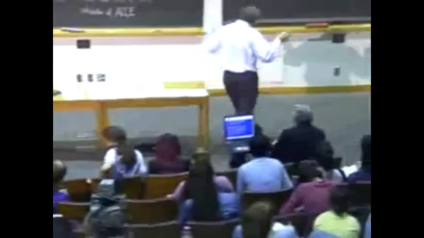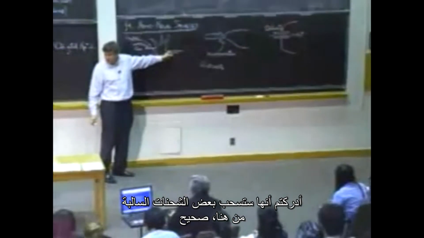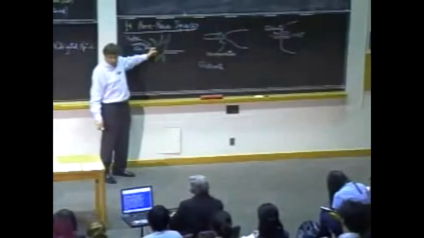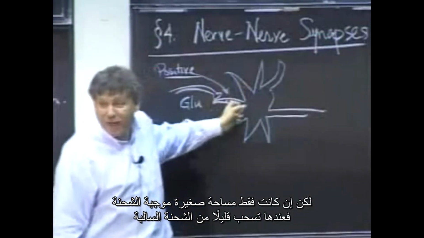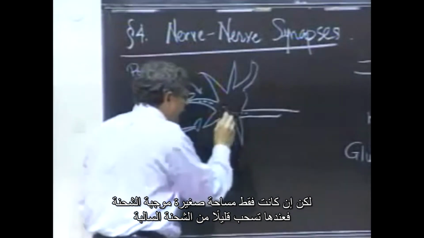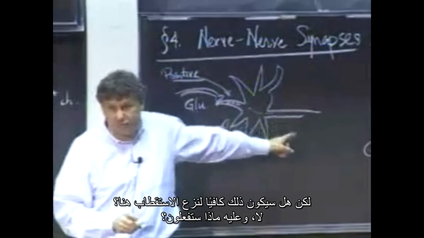Now, if it gets a little positive over in this corner of the neuron, it's going to draw some negative charges from over here, right, to offset that local positivity. But if it's just a local little patch of positive, then it draws a little bit of negative charge. But is that going to be enough to depolarize over here? Nah. So what do you want to do?